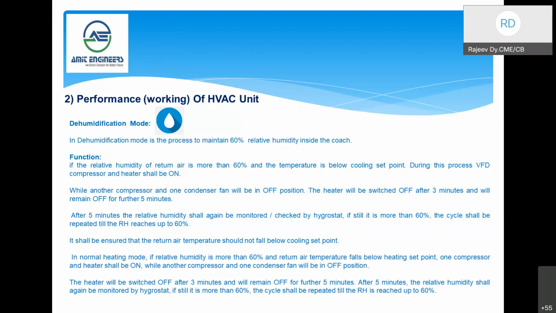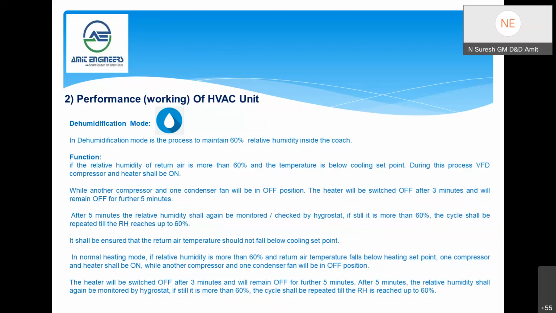Yeah, it is not continuously on, sir. If it is continuously on, as you said, yes, the temperature will go higher. Whenever the air is very dry and the atmosphere outside is more humid, it will tend to absorb more moisture. That's why the heater will not be on continuously.